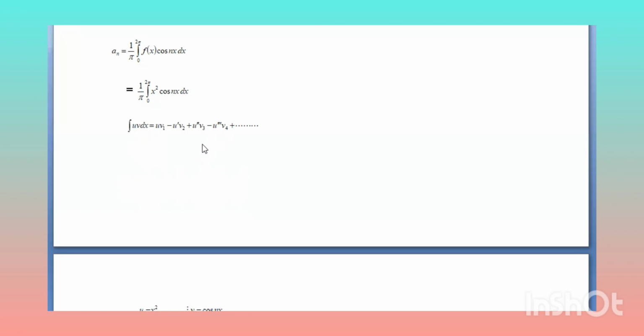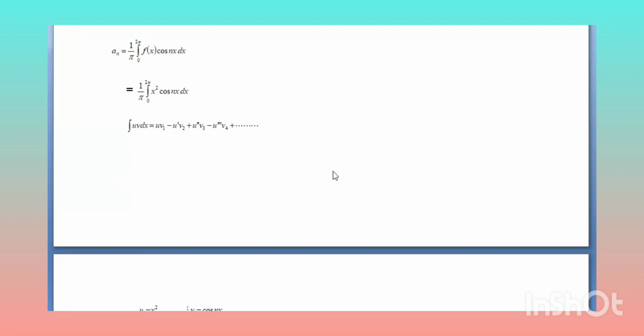Bernoulli's formula is integral uv dx, where u is x square and v is cos nx, dx is equal to u v1 minus u dash v2 plus u double dash v3 minus u triple dash v4 plus etc. U dash, u double dash, u triple dash, these are differentiations. v1, v2, v3, v4, these are integrations.